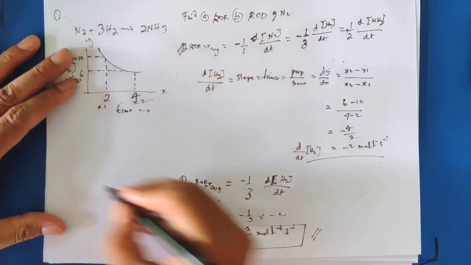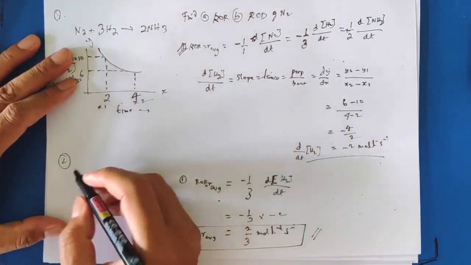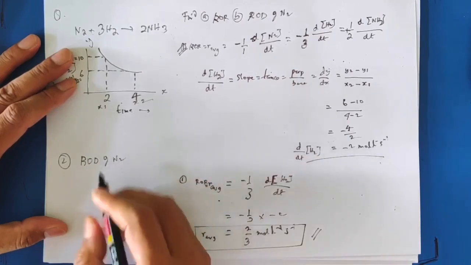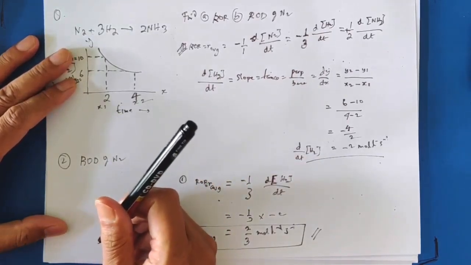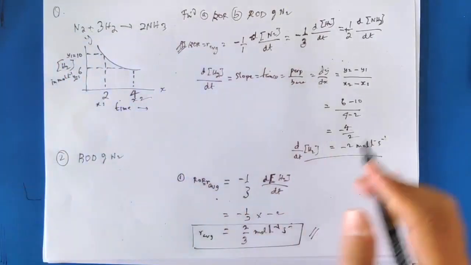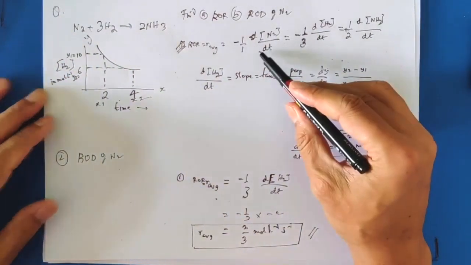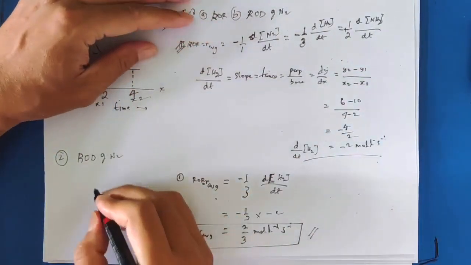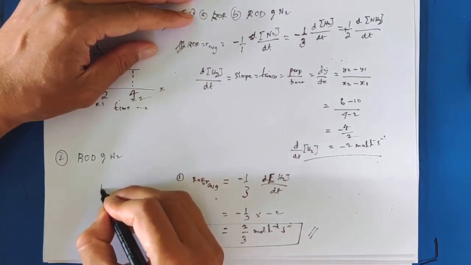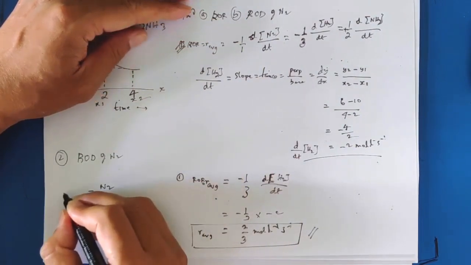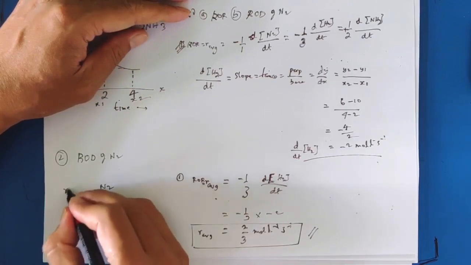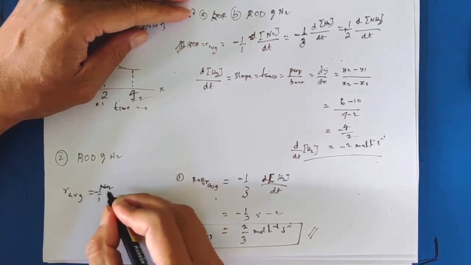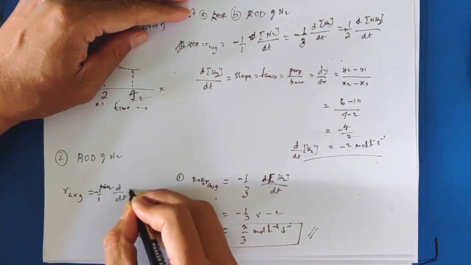Second part of the question: what is the rate of disappearance of N2? This is your R average in terms of N2: minus 1 by 1 d by dt of N2.